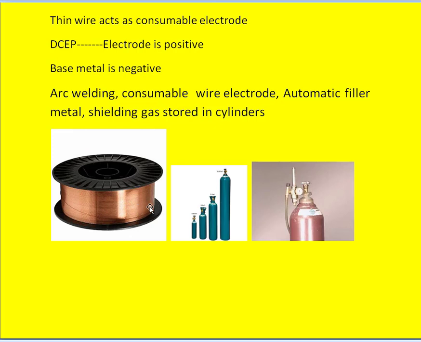There are several materials used for this electrode and it is consumable. And these are the inert gas cylinders. These cylinders carry the argon gas, and they have the valve like this, and there is a pressure meter which can be measured.